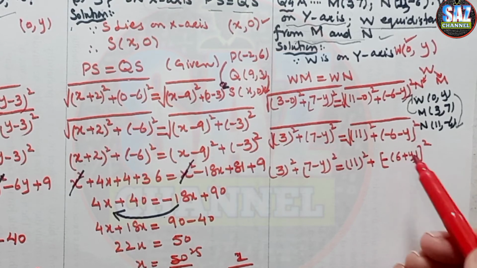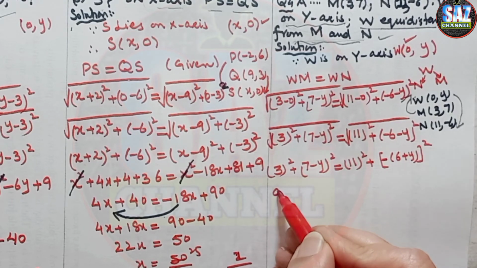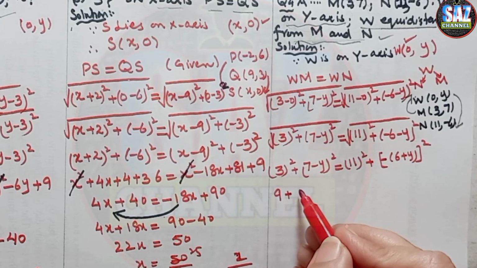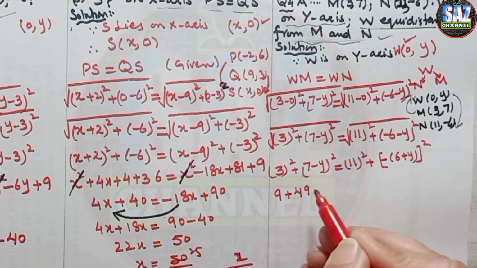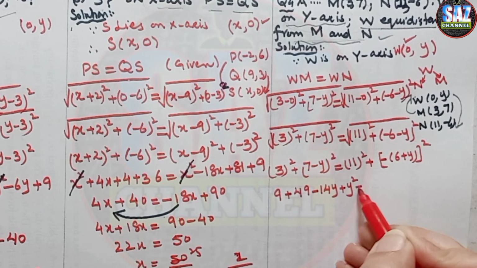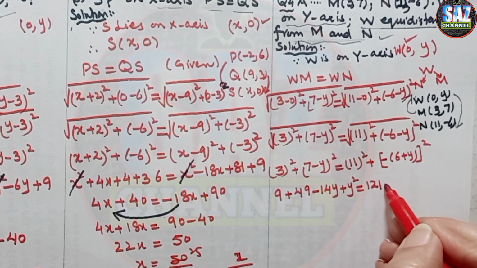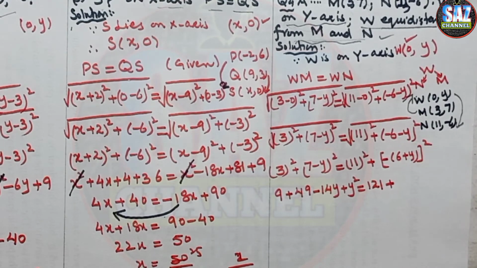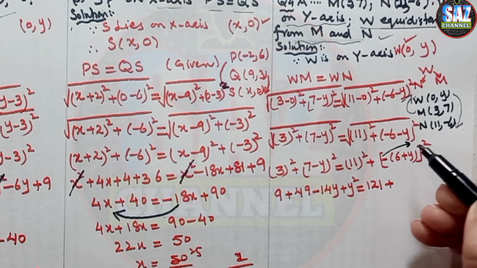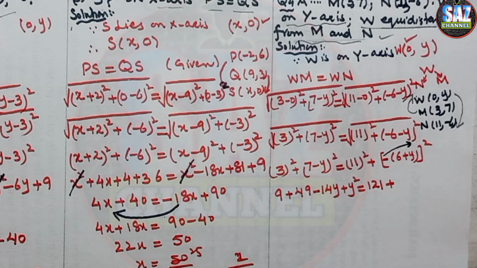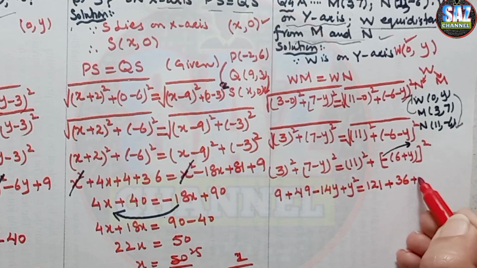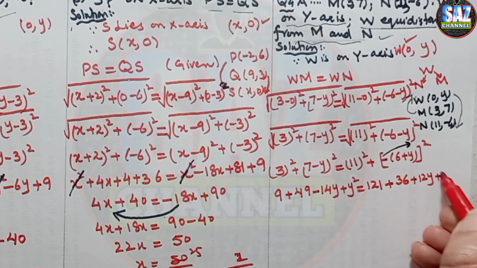Now 3 square will give me 9, plus here I have to apply (a minus b) whole square, and according to that it will become 49 minus 2ab, 14y, plus y square, equals 121 plus, when I take the square of this minus sign it becomes positive, so I'm ignoring it in this step, and the rest will take the form 6 square is 36 plus 12y plus y square.